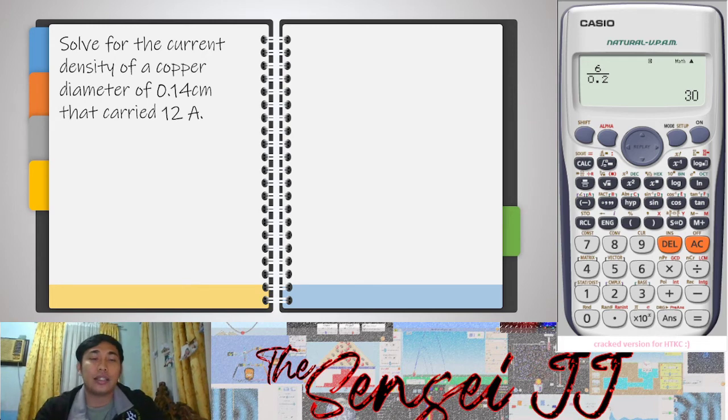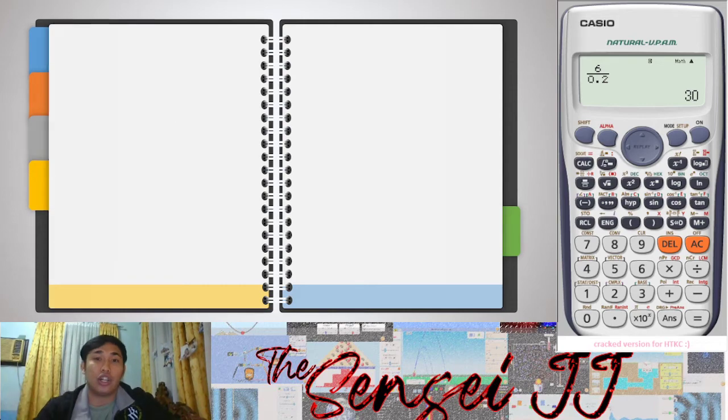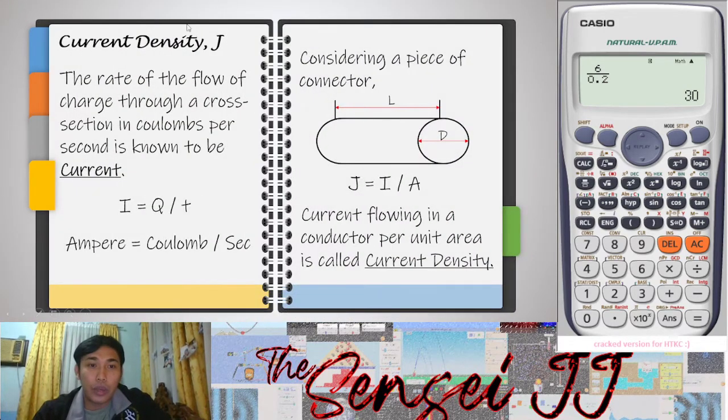Let's try to solve for the current density of a copper wire with a diameter of 0.14 centimeters that carried 12 amperes. Again, guys, cross section. Cross section yung sinabi sa atin in our current density.